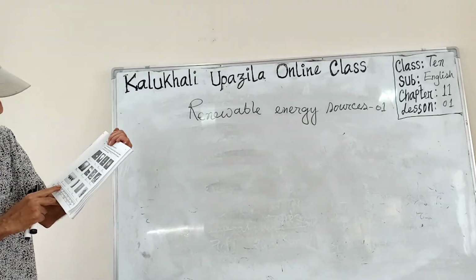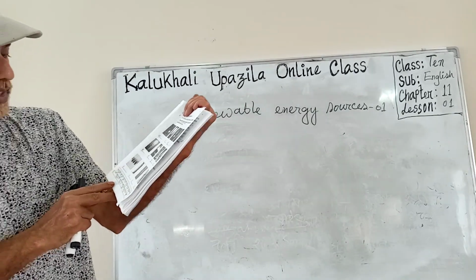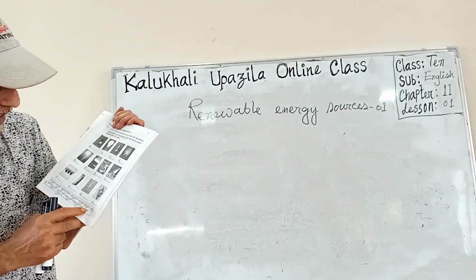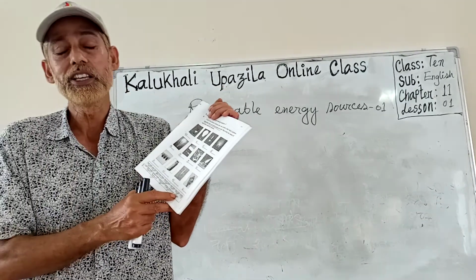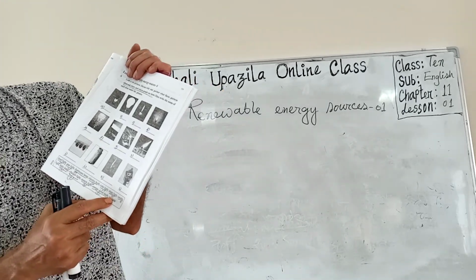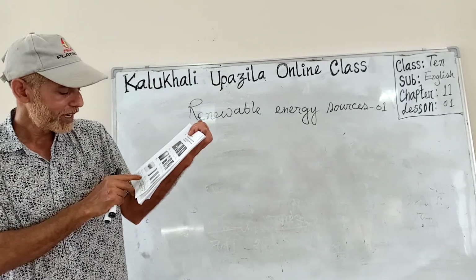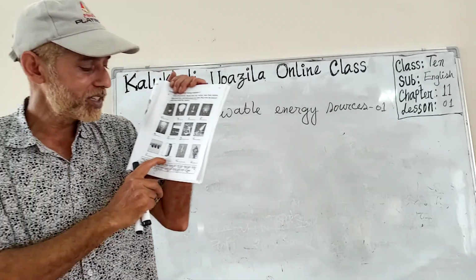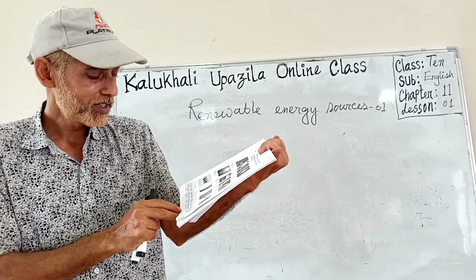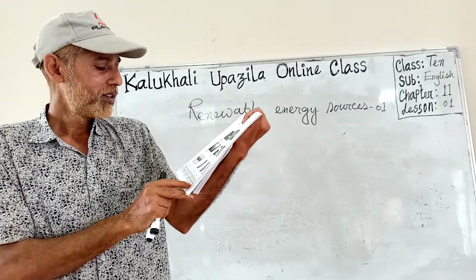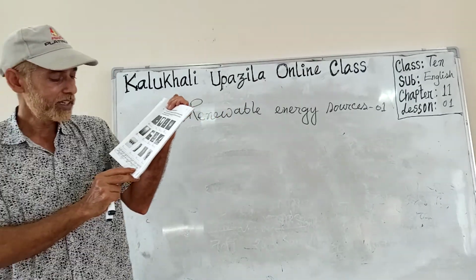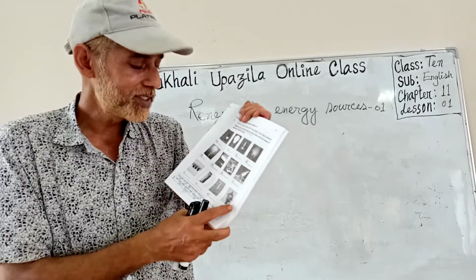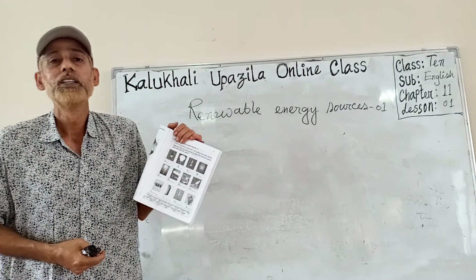And then number 9, it is a stage light. We use it on stage when we need. And then number 10 is a charger light, number 11 is an oil lamp, and the last one, yes, it is a gas lamp.